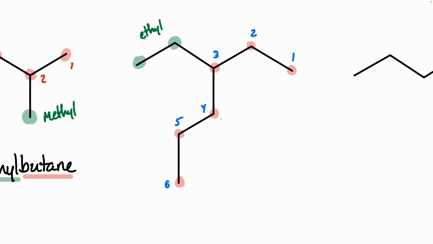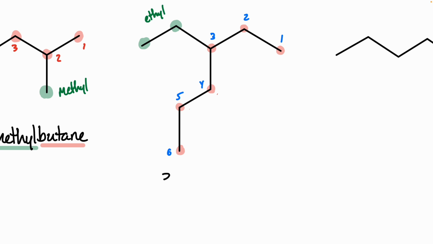So that would be 3-ethylhexane. Okay. Again, my parent chain is the hexane. My ethyl group is off of the parent chain, and it is located on carbon 3.